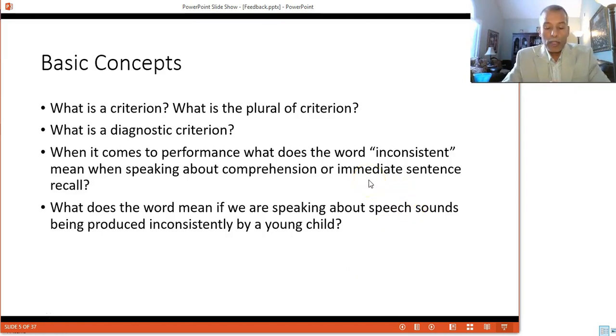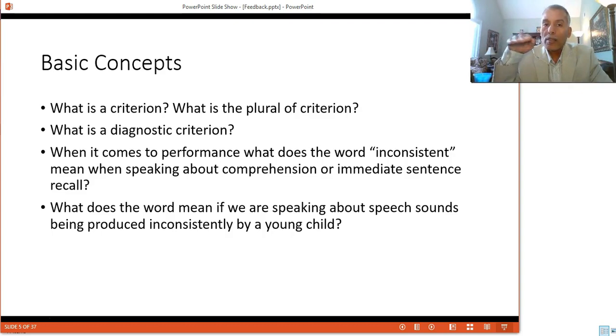Another term that you are going to encounter in evaluations and in treatment is consistency. When you say someone's performance is inconsistent, for example, someone doesn't do well on sentence recall, they do well on word recall, and then they do well in digit recall, so that performance is inconsistent.